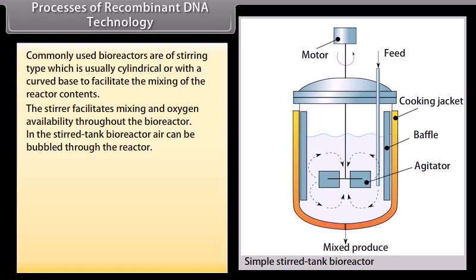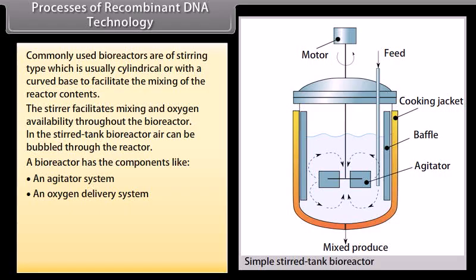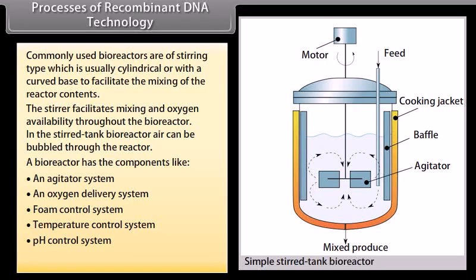The stirrer facilitates mixing and oxygen availability throughout the bioreactor. In the stirred tank bioreactor, air can be bubbled through the reactor. A bioreactor has components like an agitator system, an oxygen delivery system, foam control system, temperature control system, pH control system, sampling ports.